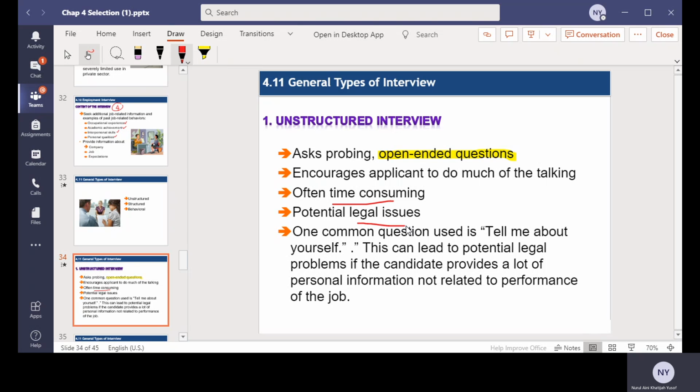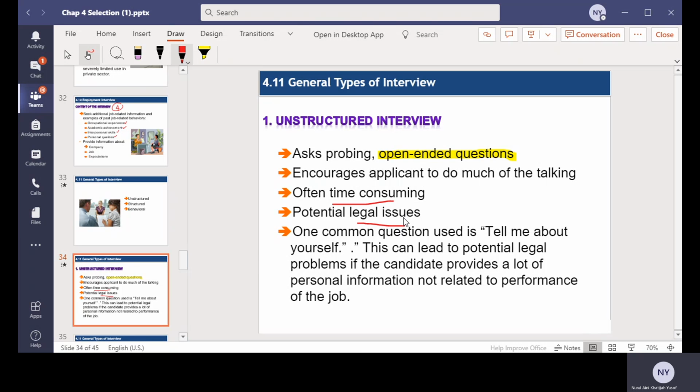Do you remember the environmental factors that a company needs to consider in the selection process on legal matters, especially on interview questions? So please don't ask sensitive questions, because especially in an unstructured interview, the interviewer doesn't have a specific question. They will just ask based on the candidate's answer.